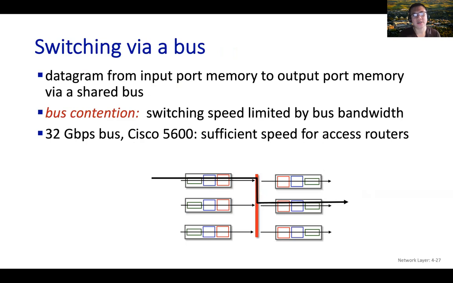With the bus connection, the switching speed is limited by the bus bandwidth. You send the data through something, and the speed is limited by the bandwidth of that thing. But the bus bandwidth is much higher than the CPU's, so it could still be several tens of gigabits per second, which is good enough for access routers.